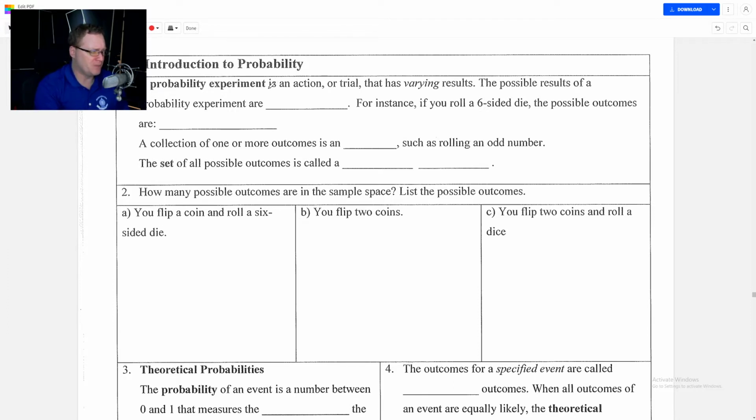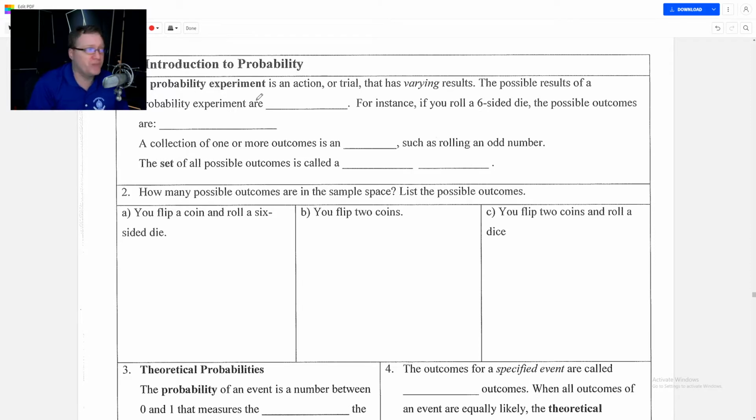But we're going to begin by going over some words, some ideas. So it says a probability experiment is an action or trial that has varying results. That means every time we do this action, different things could happen, and we do not know what will happen.